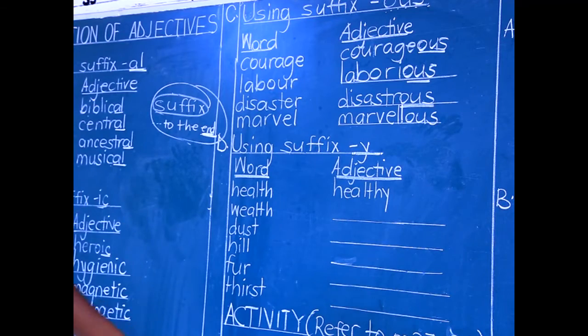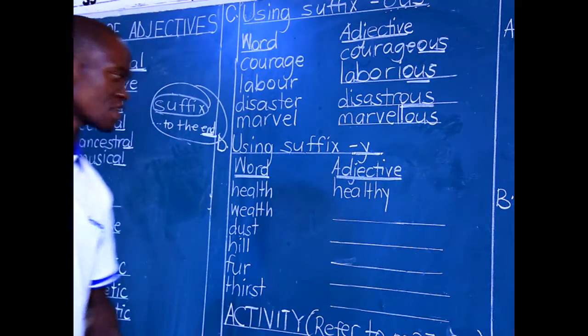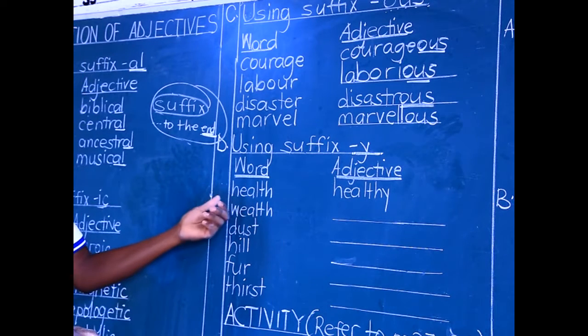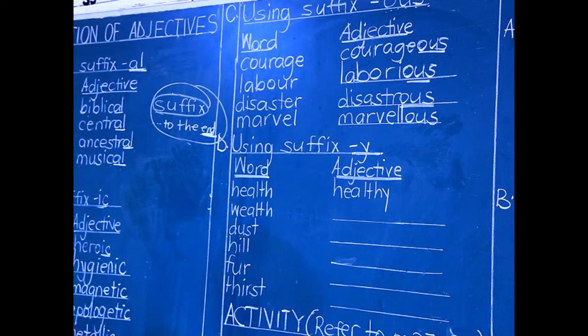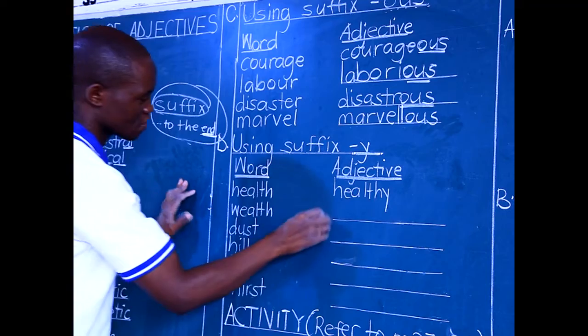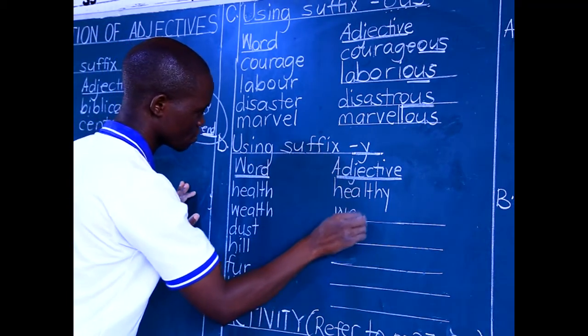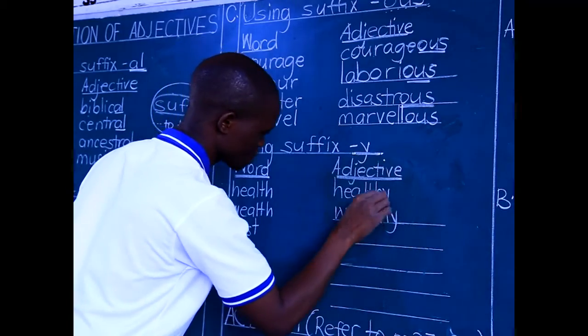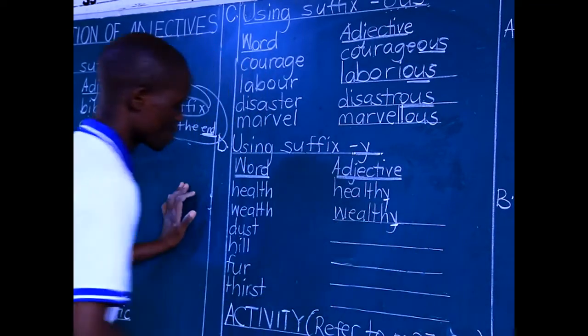This time we have only one letter, and that is Y. Number one is a noun. Health, changing to healthy. From wealth, you can change to wealthy to create your adjective. Don't forget this, your suffix Y.